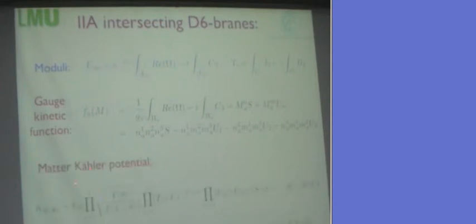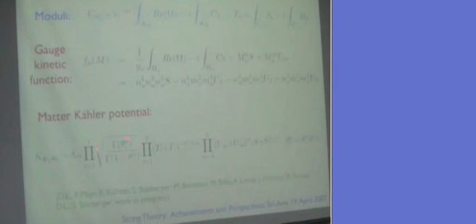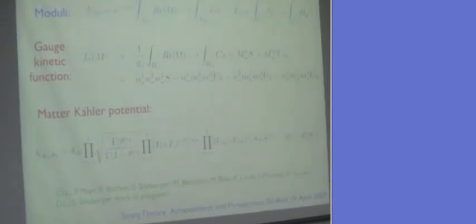You can proceed, you can compute the matter Kähler potential, and here you find some interesting expressions in terms of gamma functions. These gamma functions, to explain a little bit better, have as an argument the intersection angle theta, where theta is a function which still depends on the complex structure modulus.